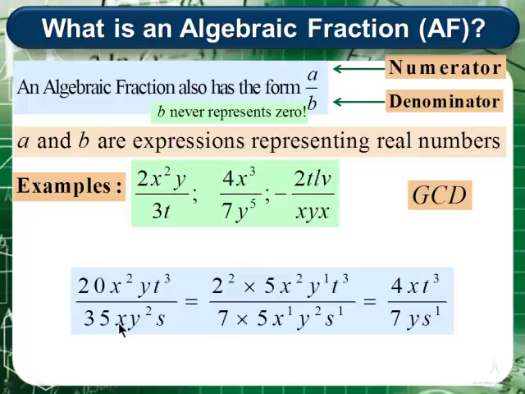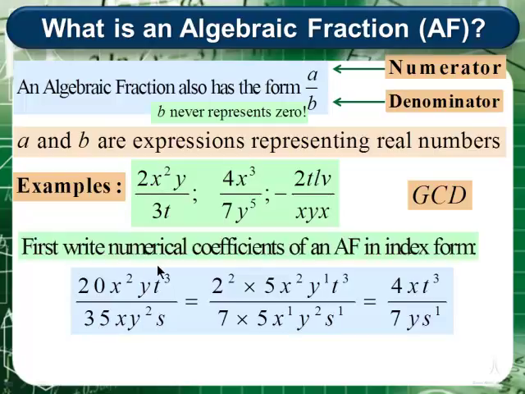So you can see that some of the variables above and below the line are the same as factors of such an algebraic fraction. Also, the numerical coefficients of the numerator and the denominator are not necessarily prime numbers. So the first step would be to write the numerical coefficients in exponent or index form.